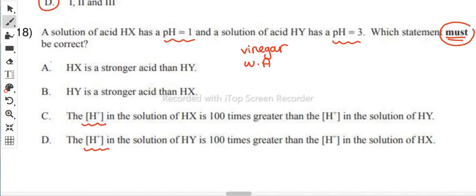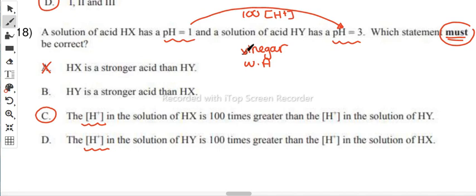So it's not A. So continuing with C and D, the hydrogen ion in the solution of HX is 100 times greater than the hydrogen ion in the solution of HY. This is a correct answer. Why is that? If you want to compare between the pH 1 and pH 3, there is a 100 times difference in the hydrogen ion concentration.